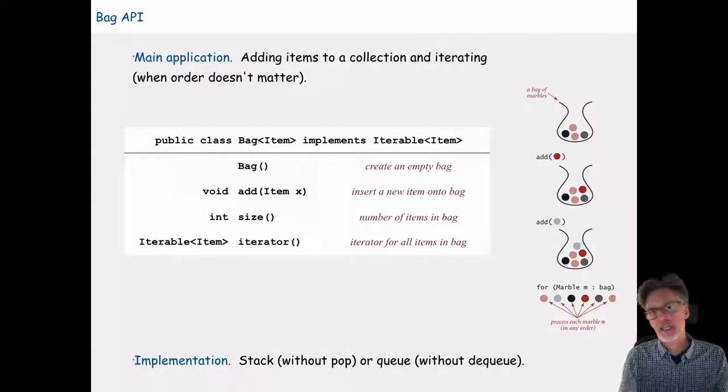So unlike a stack or a queue, when I go through my marbles, I don't really know or care what order I'm getting them in. So your book uses this bag API to keep track of that. So it's like a stack or a queue without the remove operation. So you're just putting things in, and you don't really care where they went. You just put them in.